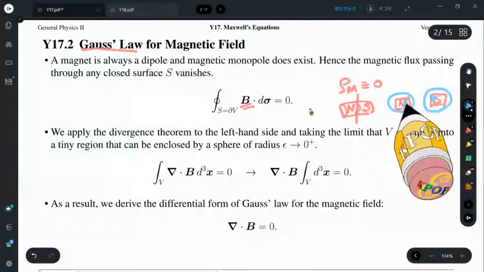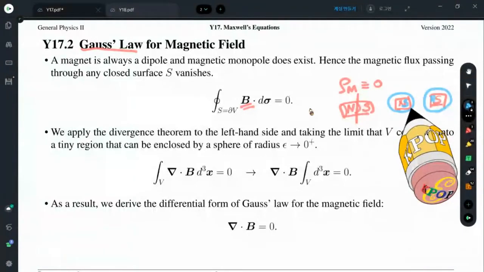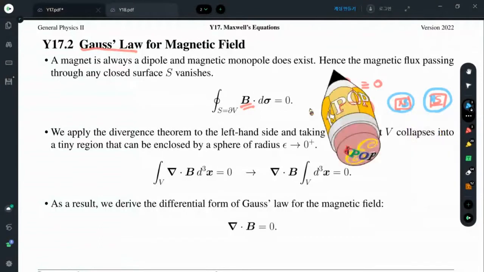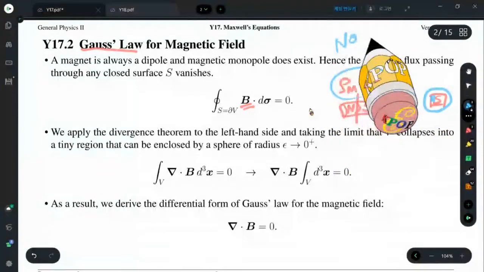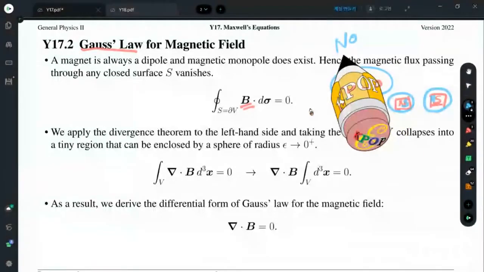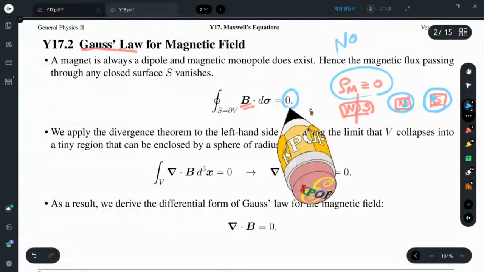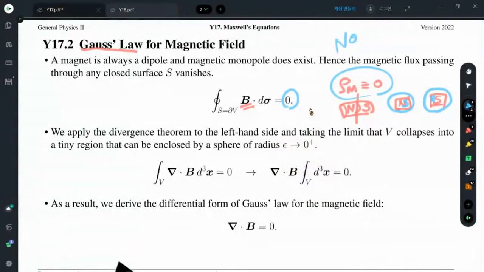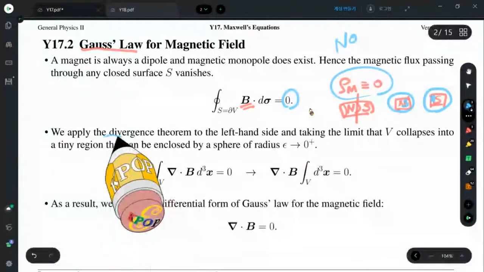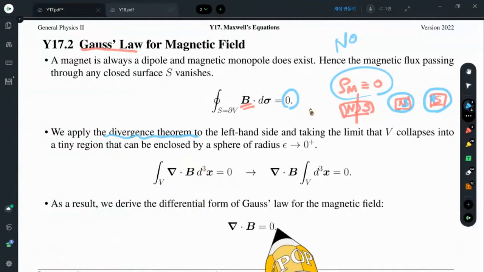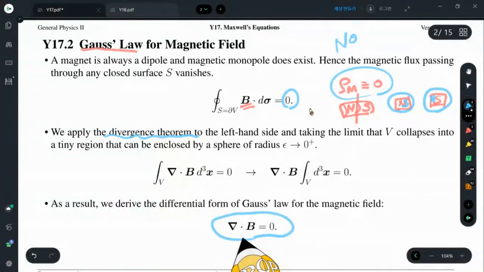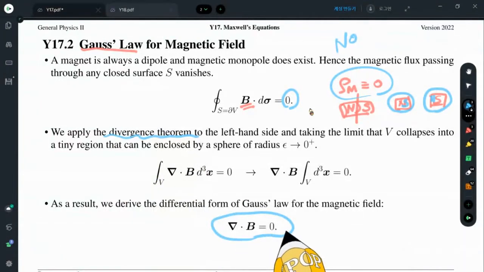So the sum of North Pole and South Pole is always 0. Therefore, if we make use of the fact that there is no magnetic monopole, the right-hand side is always 0. Applying the same method by making use of the divergence theorem, we conclude that the divergence of the magnetic field is always 0.